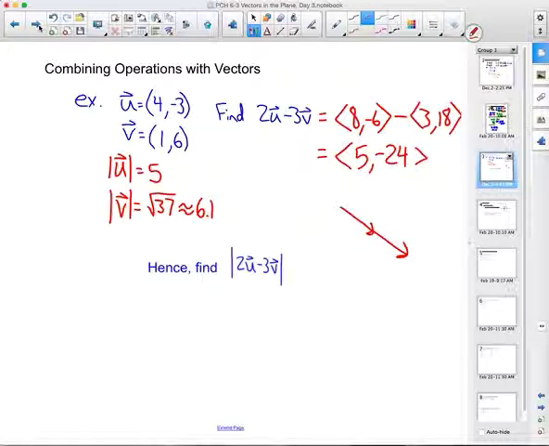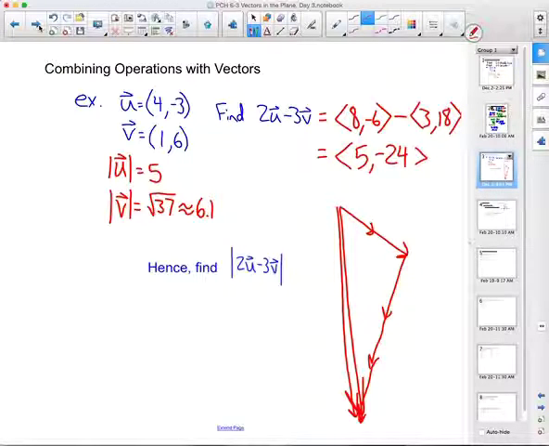I've got to go the opposite direction of 1, 6, so it's going to be this way 3 times, and I end up at 5, negative 24. I don't have to draw the whole thing. I can do it mathematically and figure out I'm going to end up going 5 to the right and 24 down.